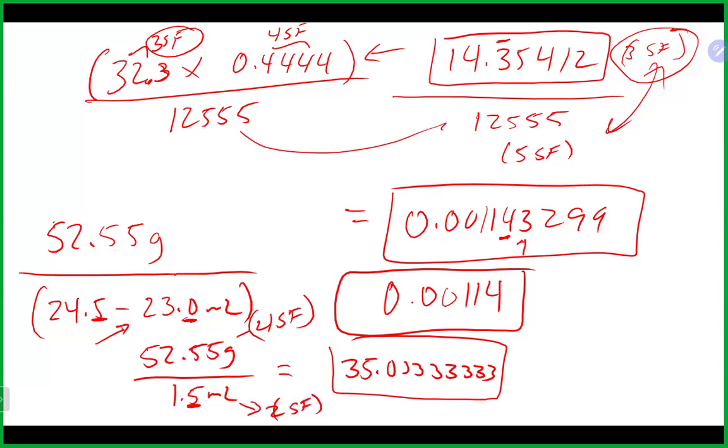Remember, it has 1 decimal place, but now we're dividing, so we're interested in how many significant figures it has. That means my answer should end up with 2 significant figures, and it should be 35. By the way, the units are grams per milliliter; the units don't cancel, they still stay. Question on that?